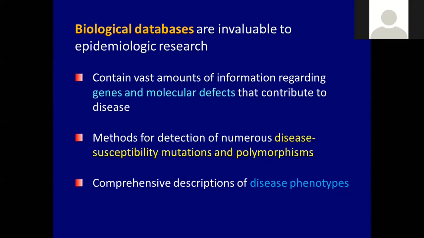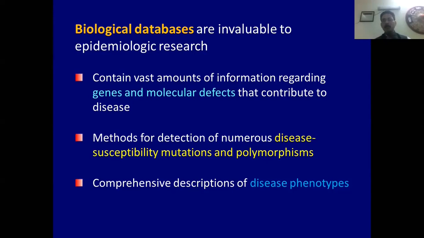So there are many biological databases which contain a diversity of molecular information pertaining to genes and genomes, proteins, as well as the literature. Of course, side by side, there are many literature databases available.